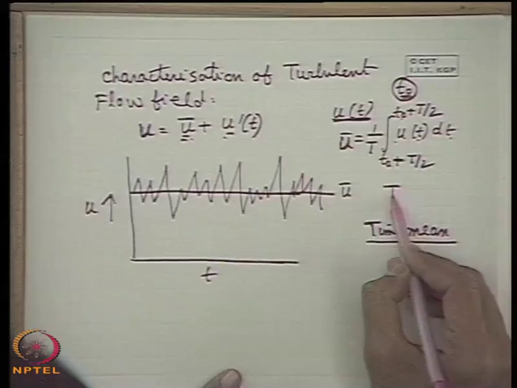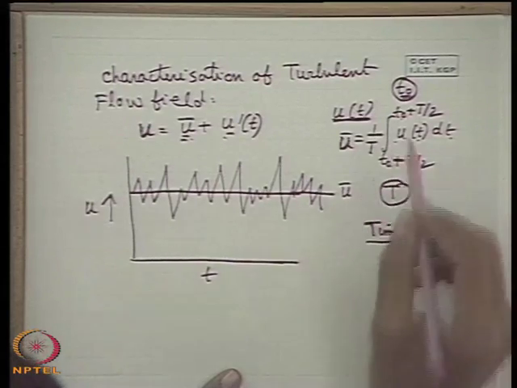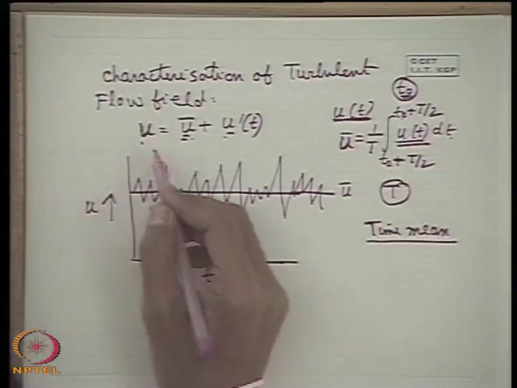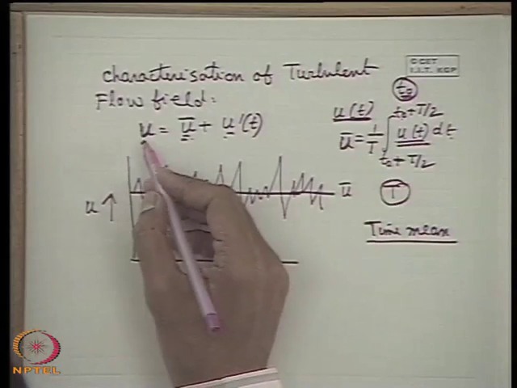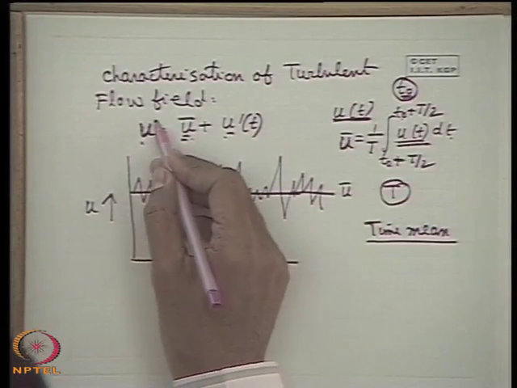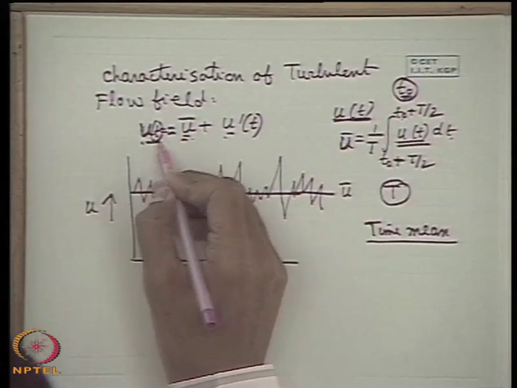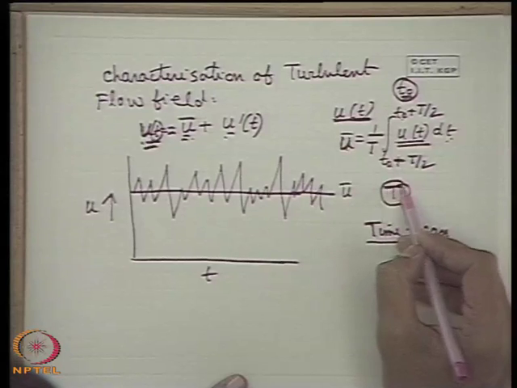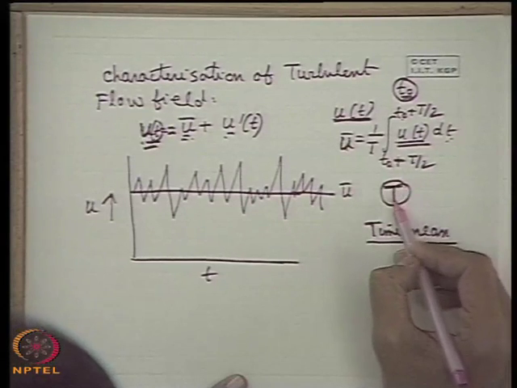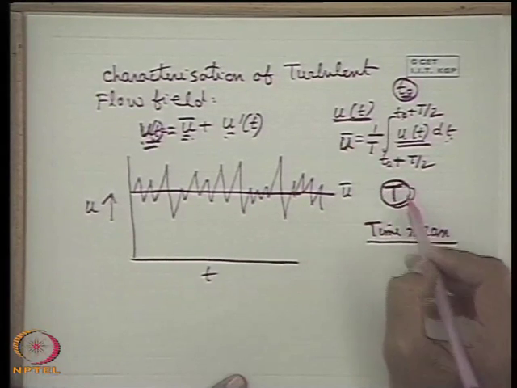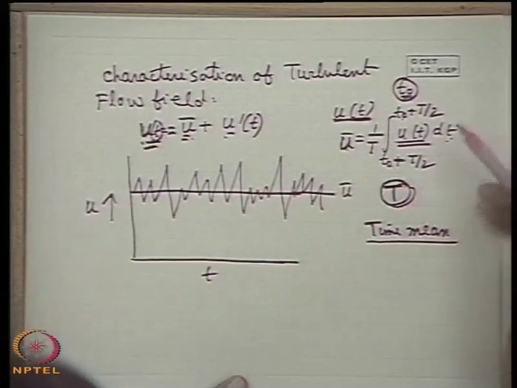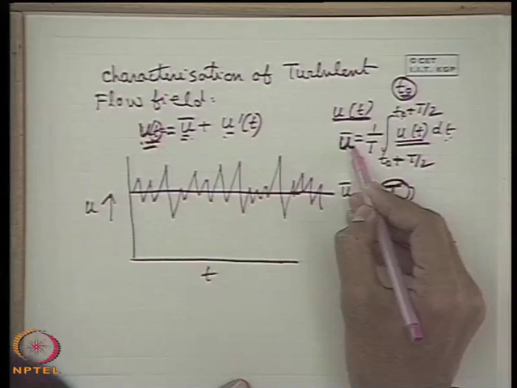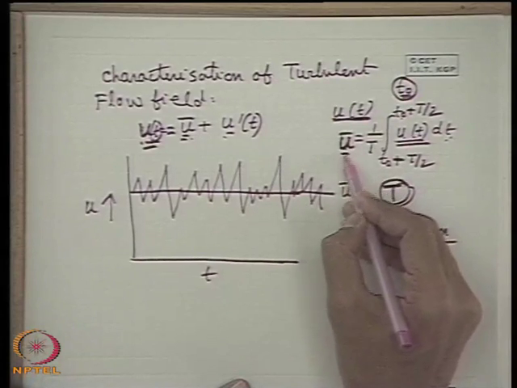T is typically a period of time. It has been found that the velocity component, which changes erratically with time, is a function of time u(t). If we take the mean, that means we integrate this over a time period T, where T is sufficiently large to include many fluctuations, we get a steady value which is irrespective of time.